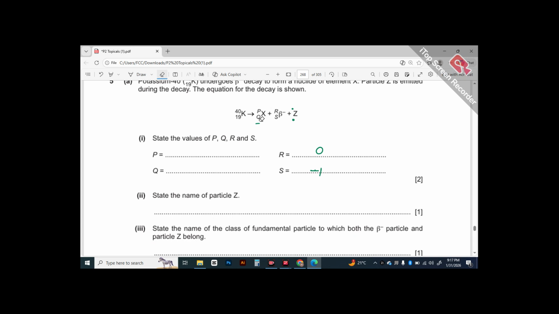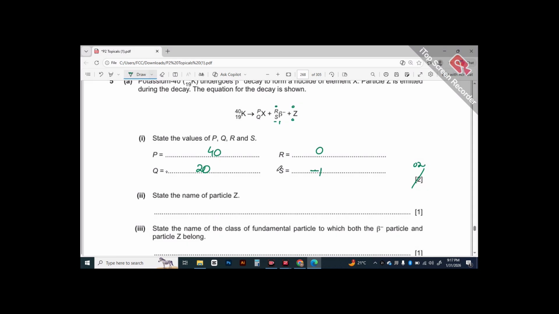Now we can easily equate the equation to know what this Q equals and what this P equals. 19, here we have 0, here we have minus 1, so it has to be 20. 40, here we have 0, here we have 0, so it has to be 40. This is what we are supposed to write.